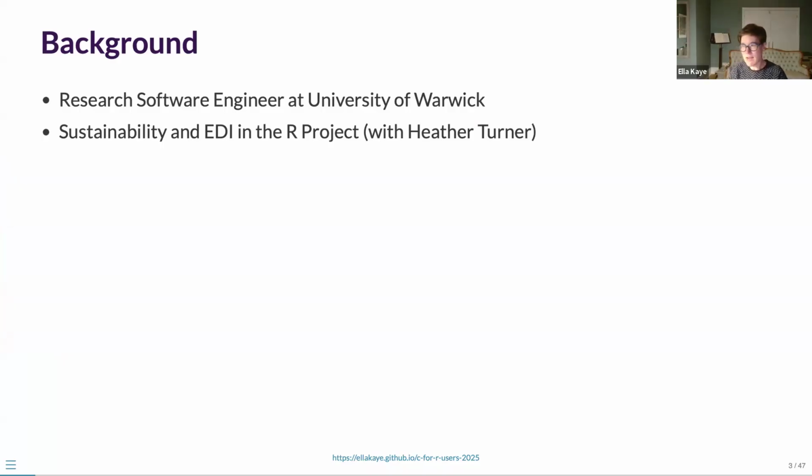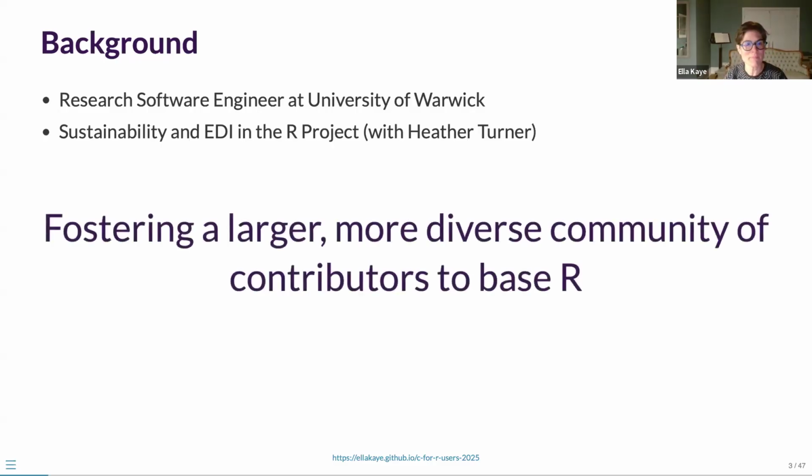We're working on a grant around enabling the next generation of contributors to base R. So it's similar and it's an extension of what we're doing, but part of that work is around mentoring a cohort of expert contributors, but also a lot of work around the governance and community outreach in the R project. So we've got lots of exciting stuff coming up over the next couple of years.